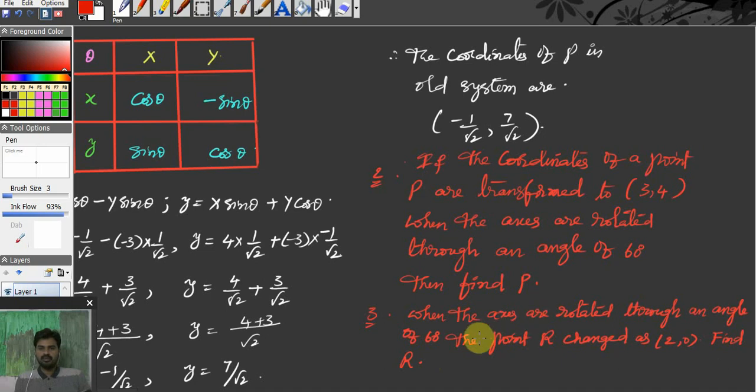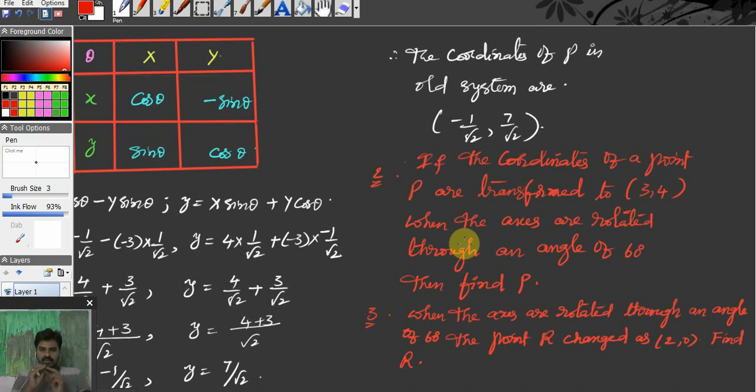Finally, you can remember that for a given problem you can verify whether it is a translation of axes or a rotation of axes. The major points are two. The problem in the translation of axes will have the origin shifted point given.